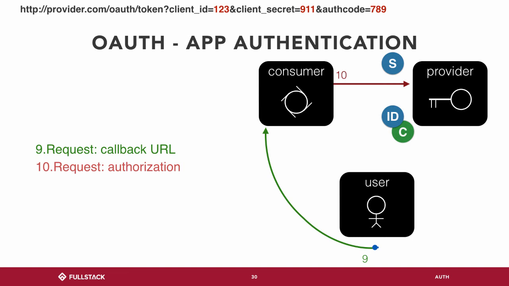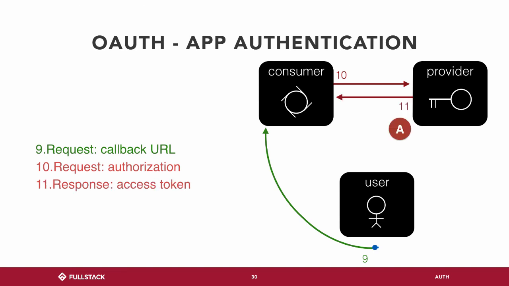We basically specify, look, here's this information, this code that you sent us, and the reason why you know it's us is because I'm providing you with this secret that only the two of us know. So it's really the combination of this public ID of the application, this secret of the application, and this client code where an access token ends up coming back.